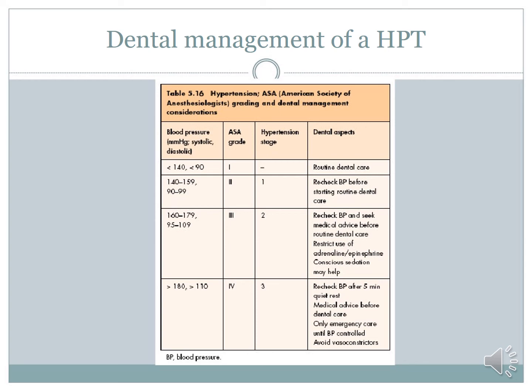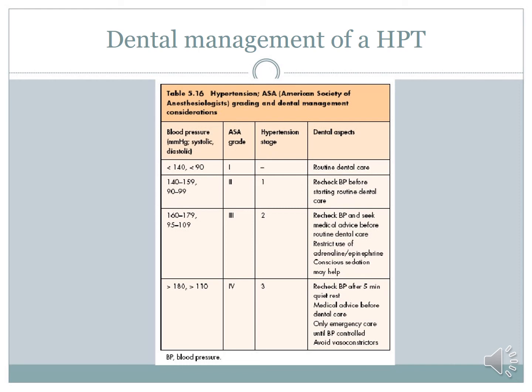If it is 140 to 159 and the diastolic is 90 to 99, they grade it as ASA 2, hypertension stage 1: recheck blood pressure before routine dental care and then proceed with the procedure. If it is 160 to 179 and the diastolic is 95 to 109, it is staged under ASA 3, hypertension stage 2: recheck blood pressure, seek medical advice before routine dental care, restrict use of adrenaline, conscious sedation may help.